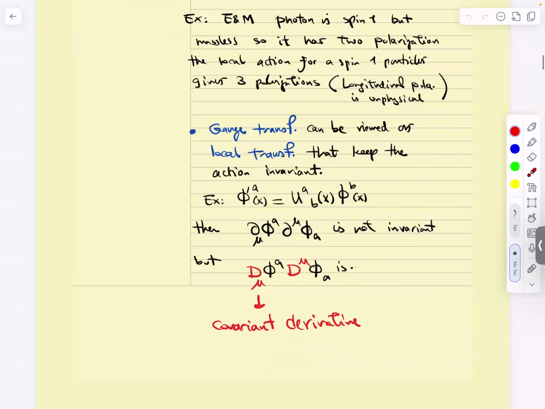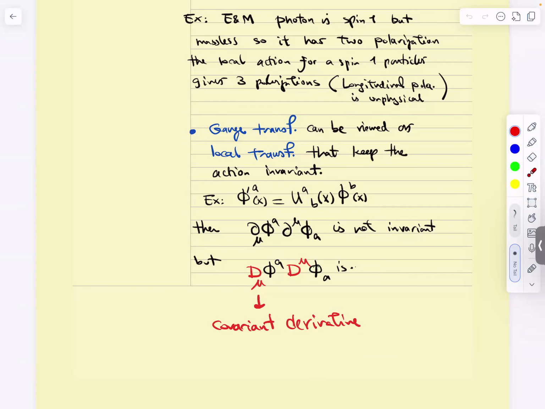All right, so gauge transformations can be viewed as local transformations that keep the action invariant. This is to be understood as not an actual transformation in the Hilbert space, but in this unphysical enlarged Hilbert space, right?